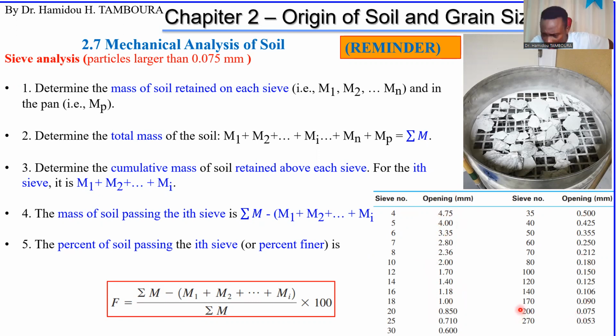And remember that anytime you do this sieve analysis, please include the number 200. That one is very important, because after that one, you can just put the pan, and then the soil going through this one will be used for hydrometer analysis.